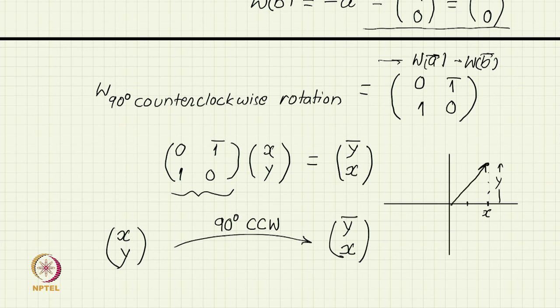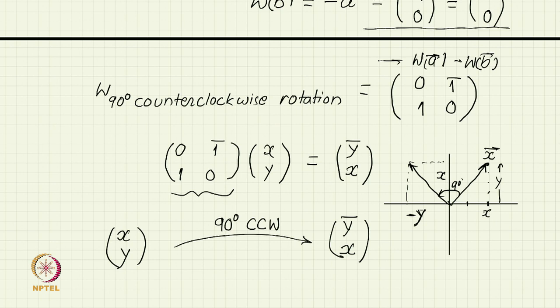So, this was the original vector, and this is x upon 90-degree rotation. Its x component will actually be negative y, the original negative y, and its y component will become x.